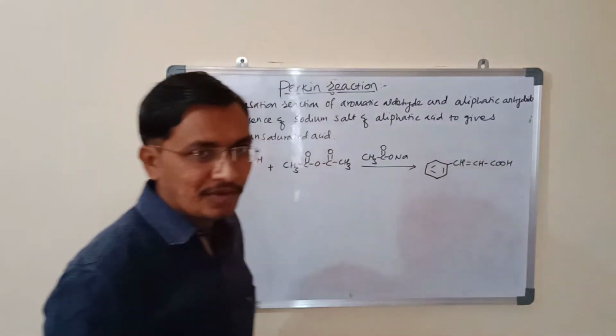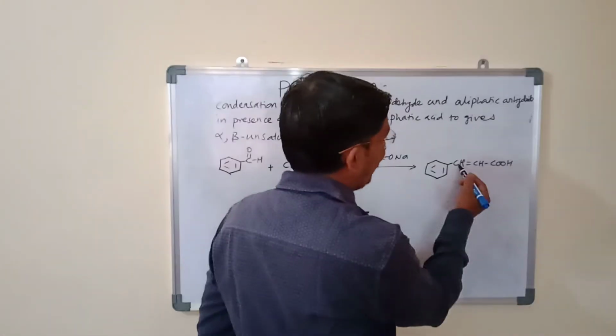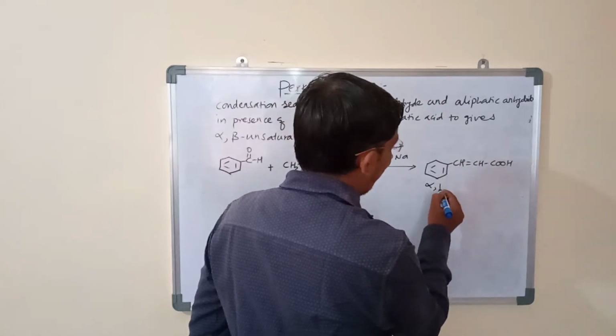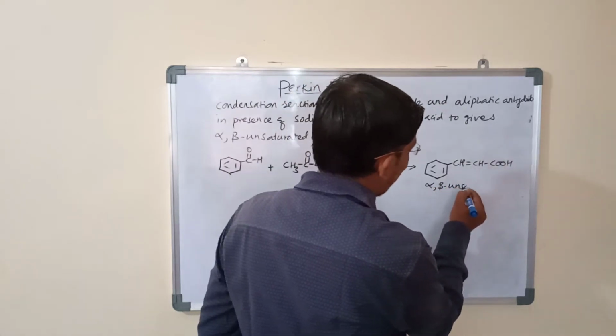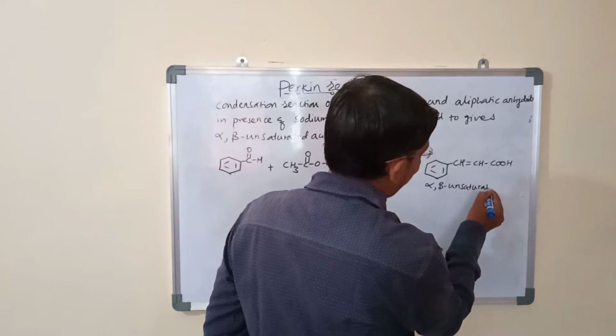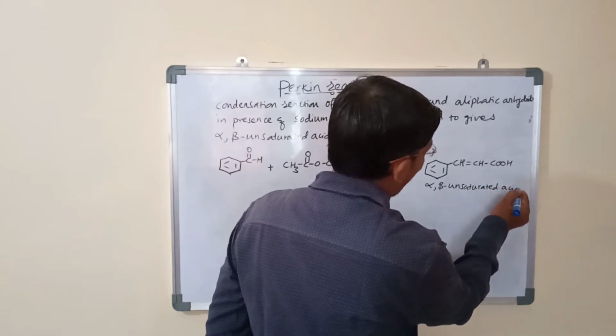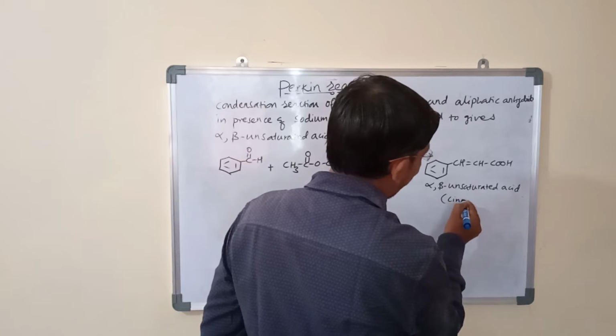COOH is the functional group. Next to the functional group is the alpha carbon and then the beta carbon, so it is commonly known as an alpha beta unsaturated acid, which here is cinnamic acid.